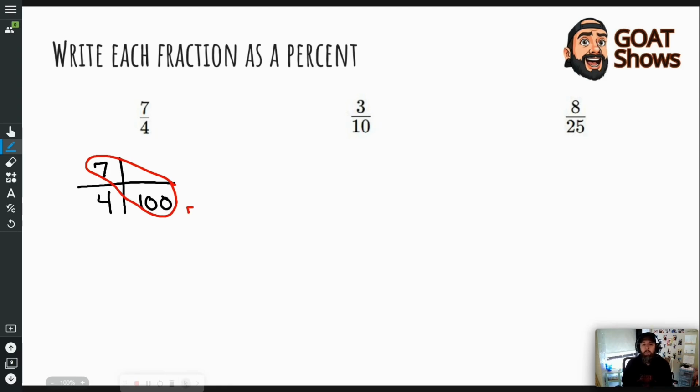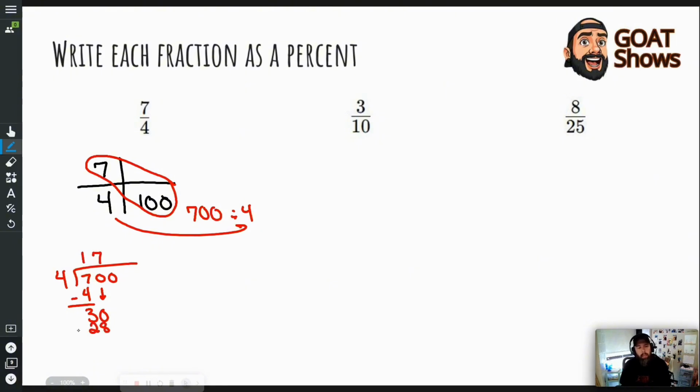7 times 100 is 700. Now we're going to divide out 4. So this is long division. 4 is going to go into 700. Let me see. 4 goes into 7 once. 1 times 4 is 4. Subtract, 7 minus 4 is 3. Drop down the 0. 4 goes into 30 7 times. 7 times 4 is 28.